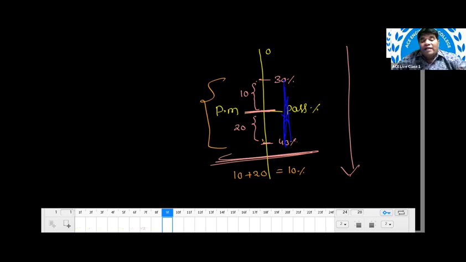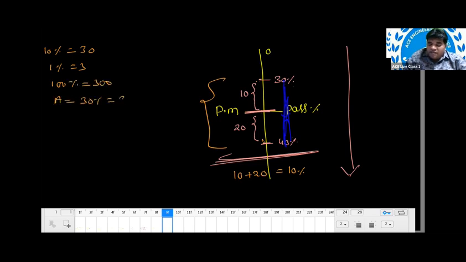So 10% is 30 marks, which means 1% is equal to 3 marks, and 100% is equal to 300. Next, A's value: A got 30%, so 30 into 3 is 90.